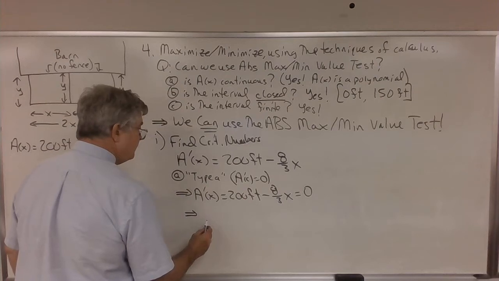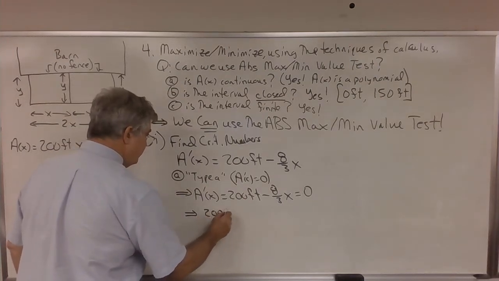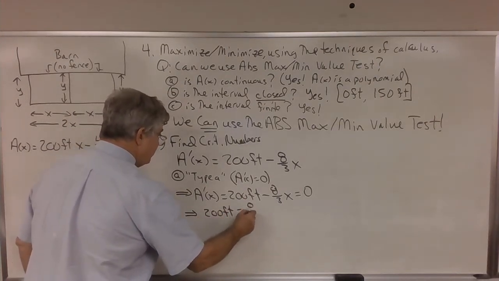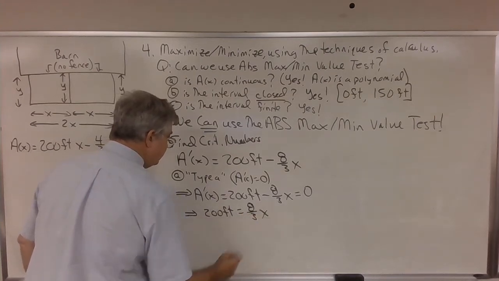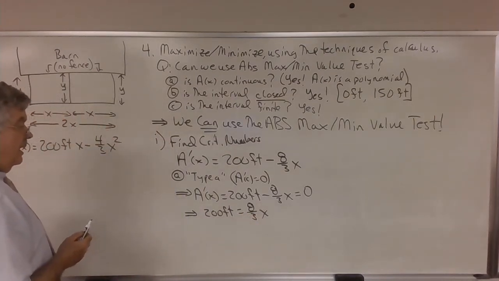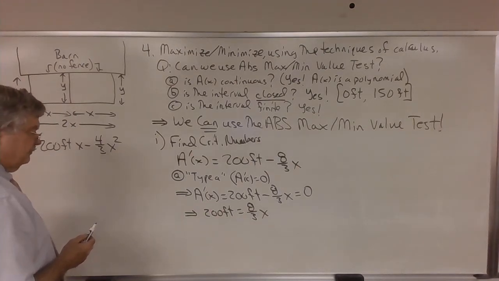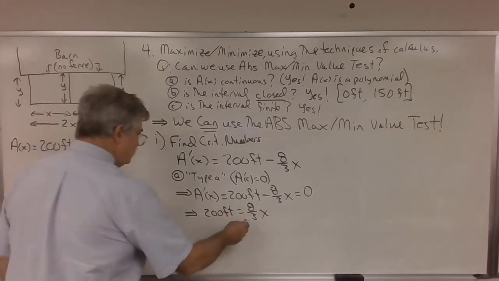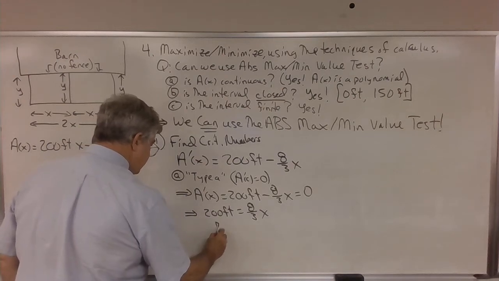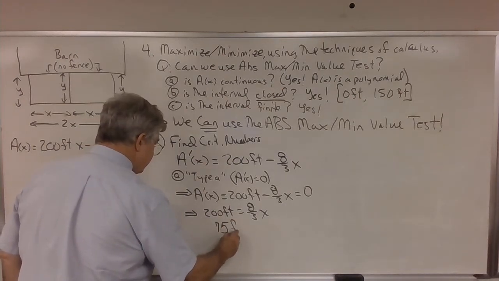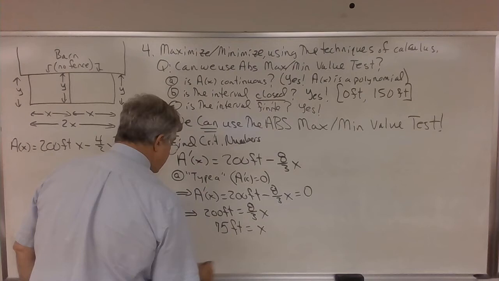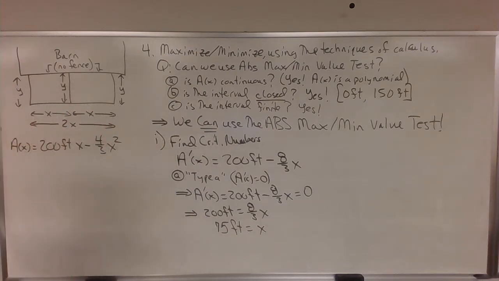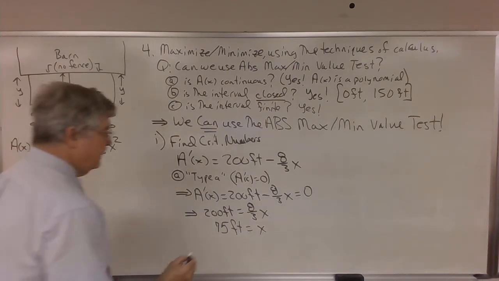We have 200 feet equals positive 8/3 x. And then we divide by 8. Let's see, 200 divided by 8 is 25, isn't it? And then we multiply by 3, so that's 75 feet equals x. Critical number.